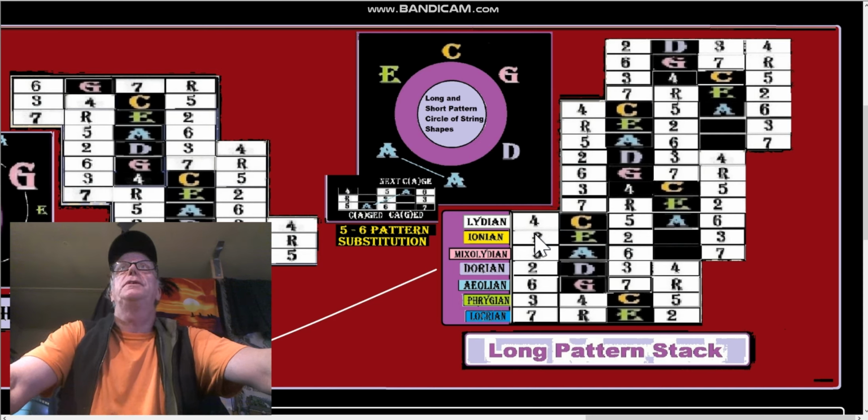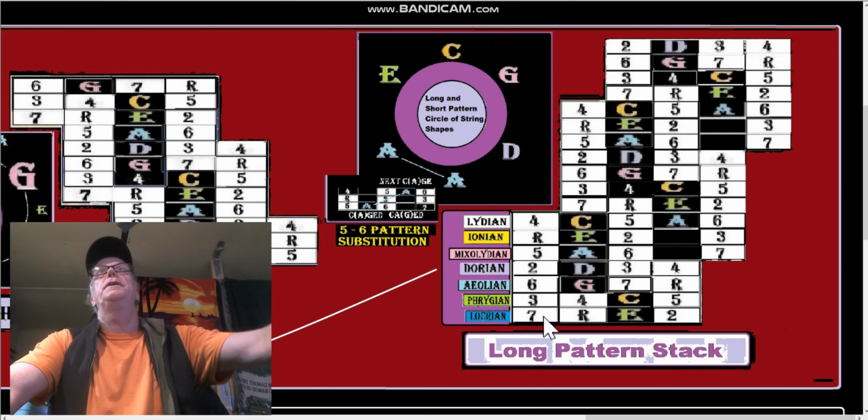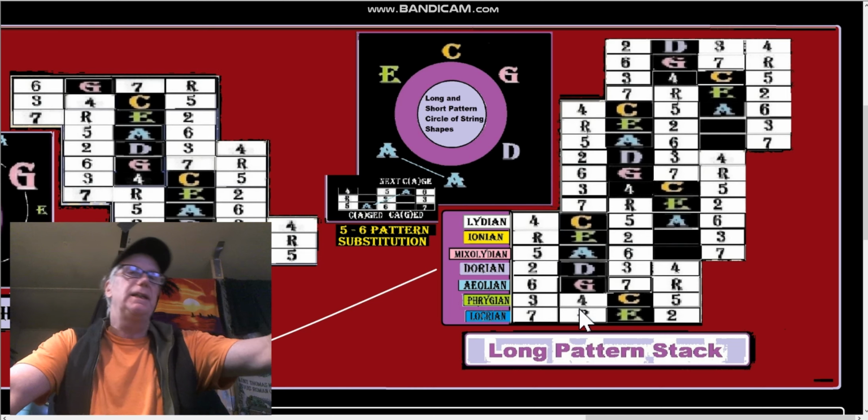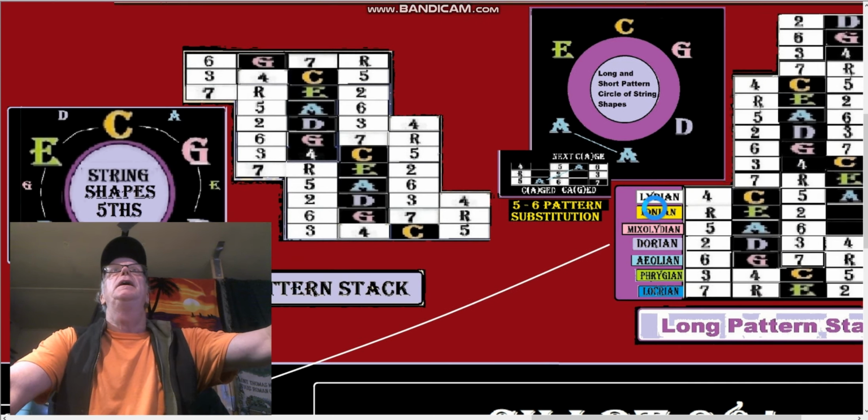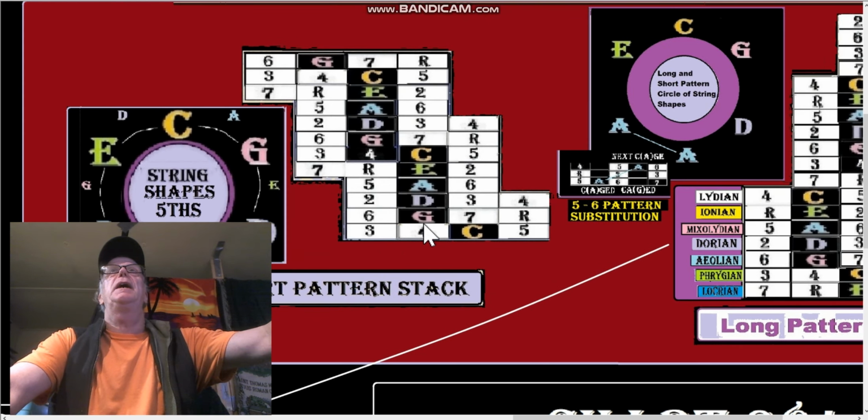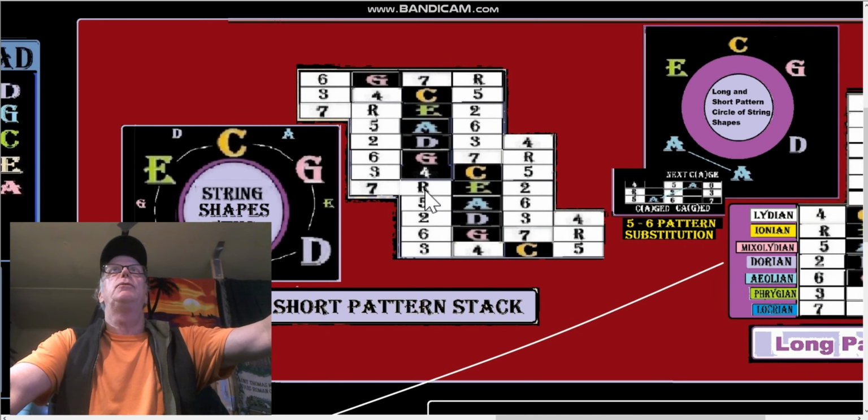As long as you can consider that first note, lower E, one of these notes. So lower E can be the seventh, and you can play an E Locrian, which would be in the key of F. And we can play that key of F in the short patterns, and we can consider that root now, not the fourth anymore, because E would be its seventh.